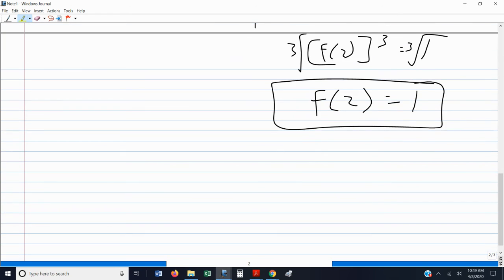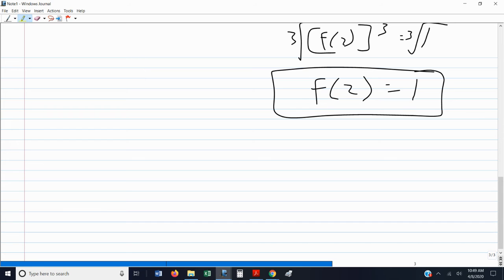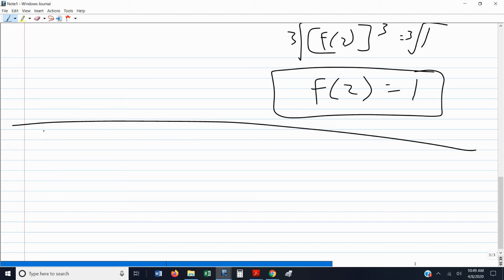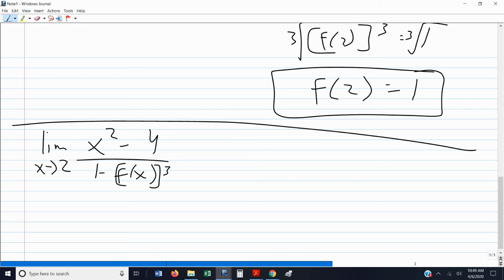All right, so then we're going to go back to our limit statement. Our limit statement was the limit as x goes to 2 of that h of x function, which can be solved using L'Hopital's rule, is what the question said. So I'm going to do L'Hopital's rule now. L'Hopital's rule is when you take the derivative of the top, which is 2x, and you take the derivative of the bottom.